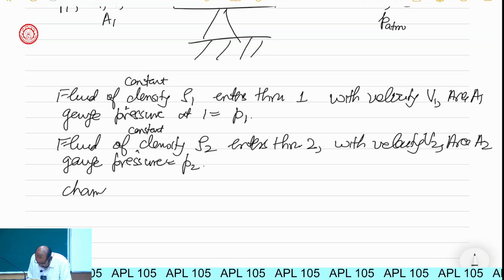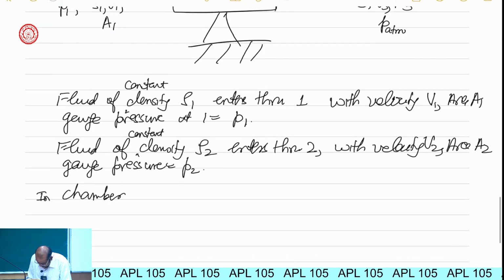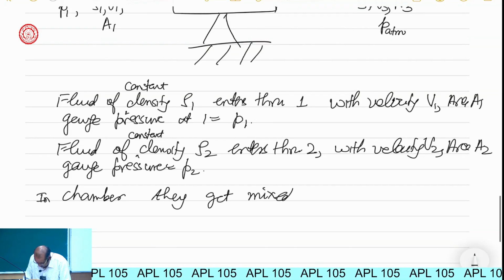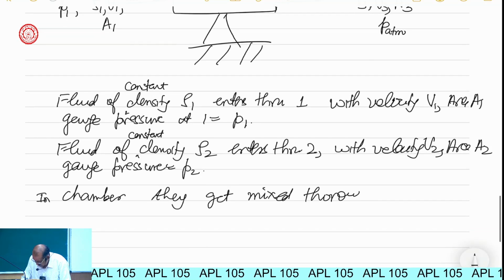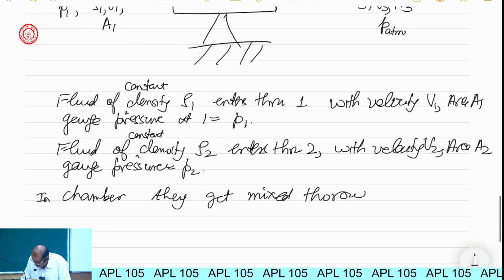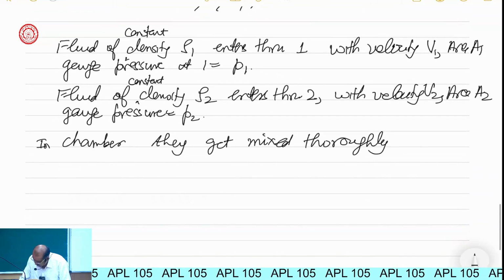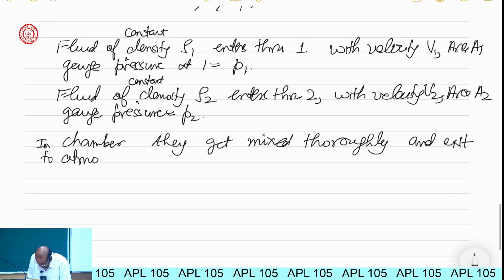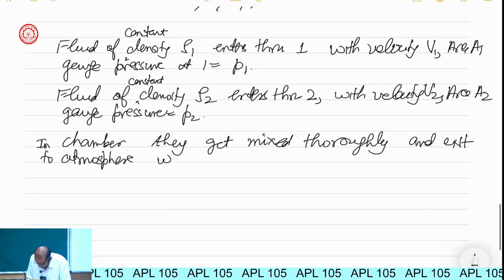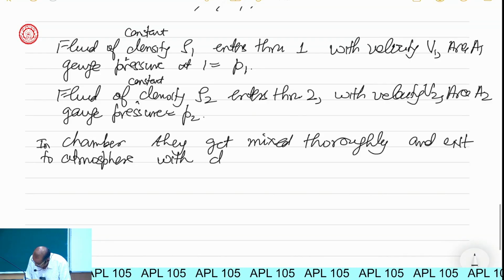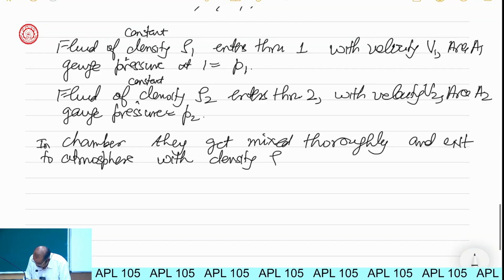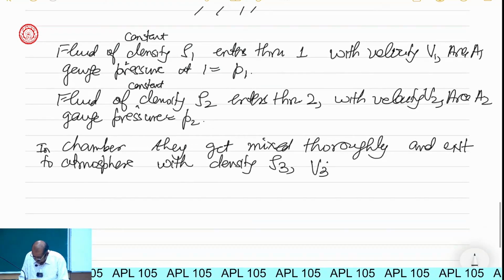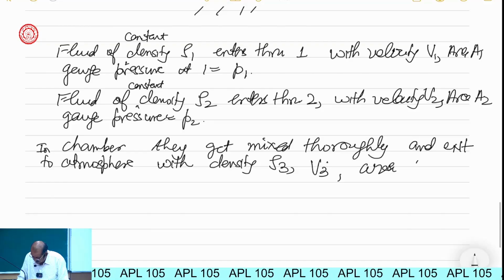In the chamber, they get mixed thoroughly and exit to atmosphere with density rho 3 and velocity V3. Area is equal to A3.